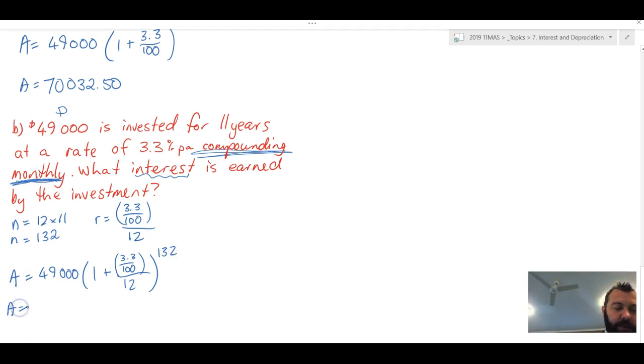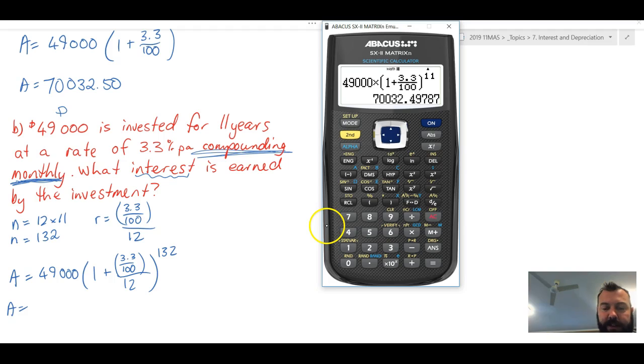So A equals, out comes the calculator, 49,000 outside of 1 plus 3.3 over 100. I think I need to put brackets around there. Bracket there. I'll say over. Yep, that works nicely. That looks right.